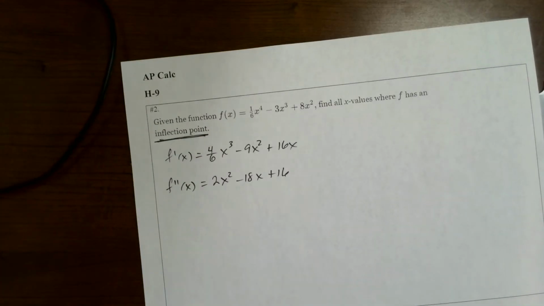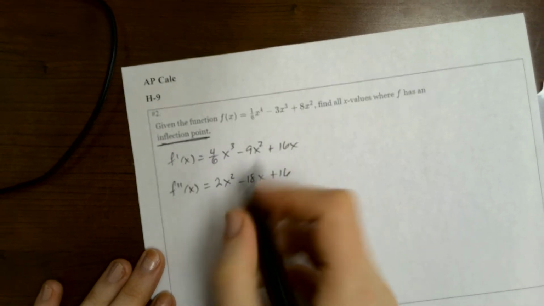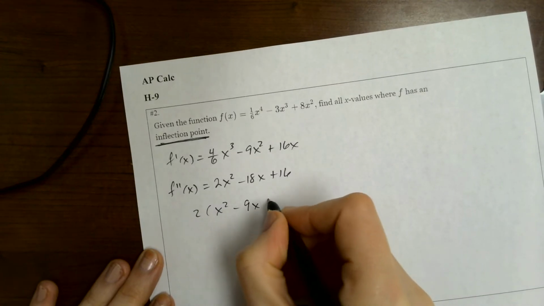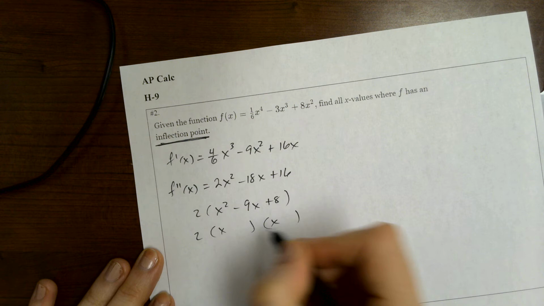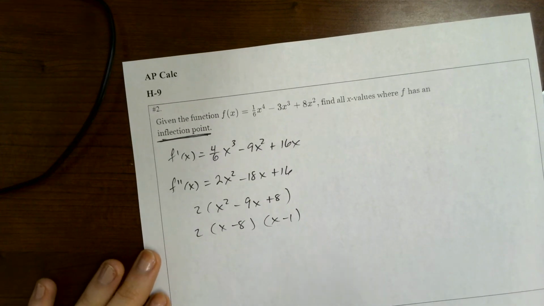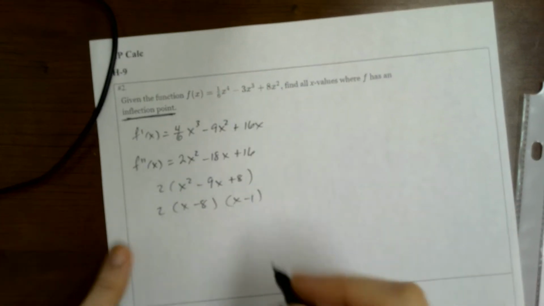Okay, so let me factor this and set it equal to 0, so I could take out a 2. X minus 8 minus 1. Okay, so that's f double prime. So when is this 0?